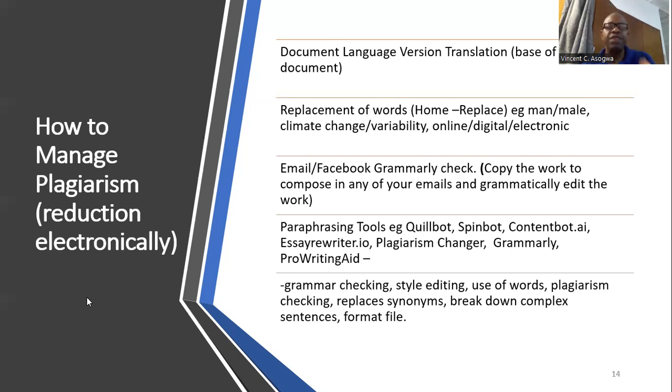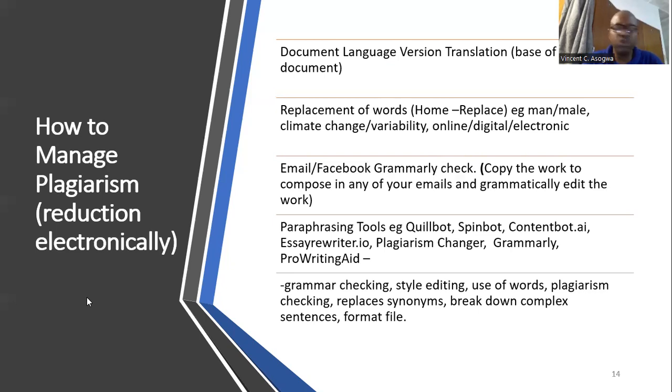Then we talk of replacing synonyms. I've told you the way to replace synonyms there. They also break down complex sentences. It is advised that in scholarly writing, better use simple sentences. Let one sentence contain one idea. Avoid complex or compound sentences. That is an advice. Then when you have one sentence, you have the citation immediately.